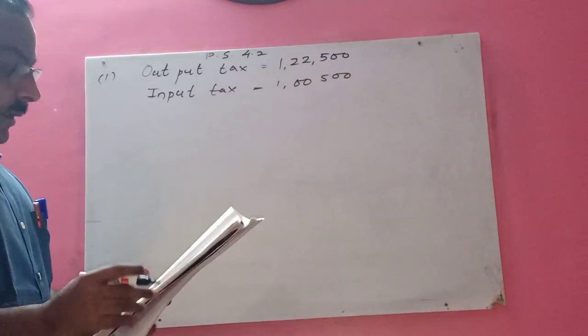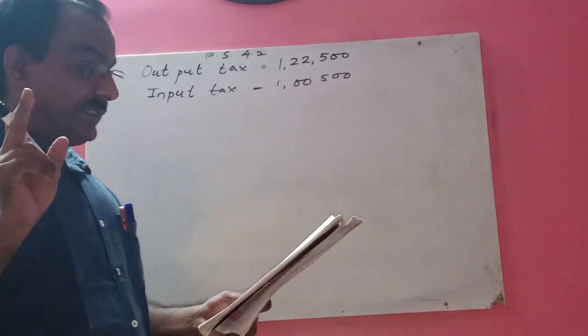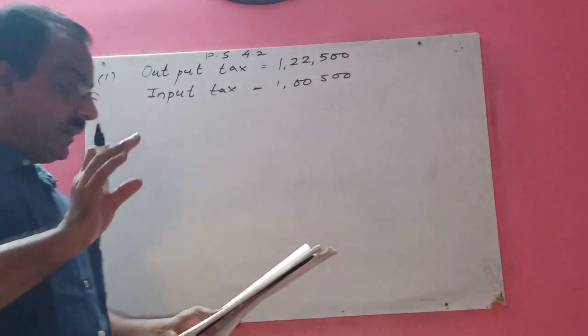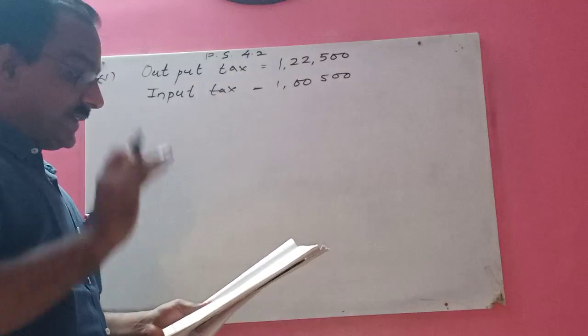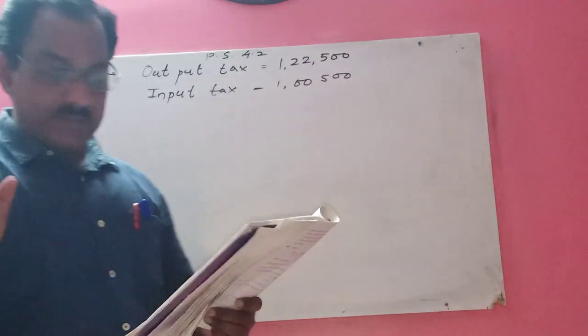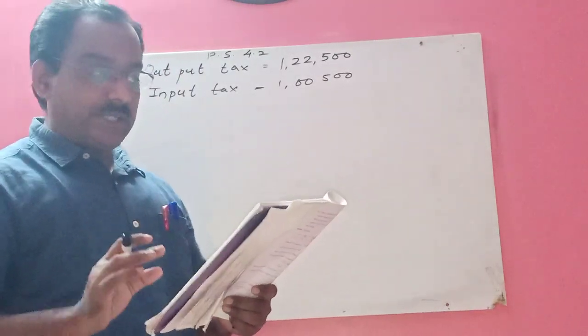Okay. At the time of sale, from 1st July 2017. I said, children, that 1st July 2017 is the date from which GST started in India, to 31st July 2017. We have to find out here the GST payable by Chetna store.